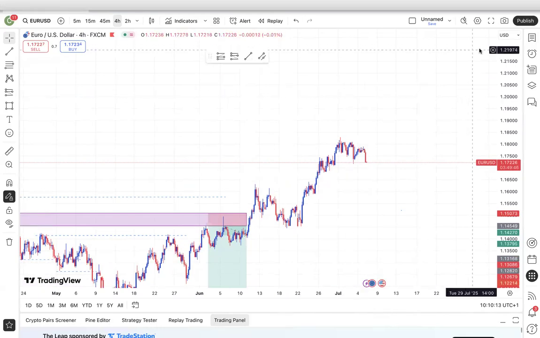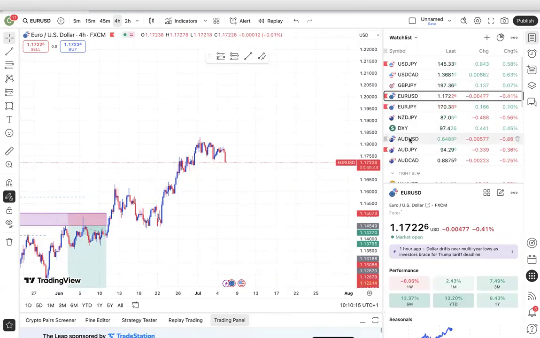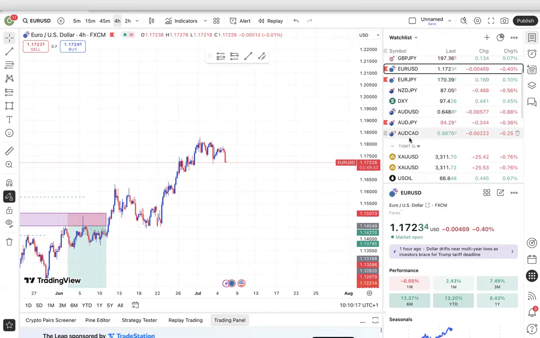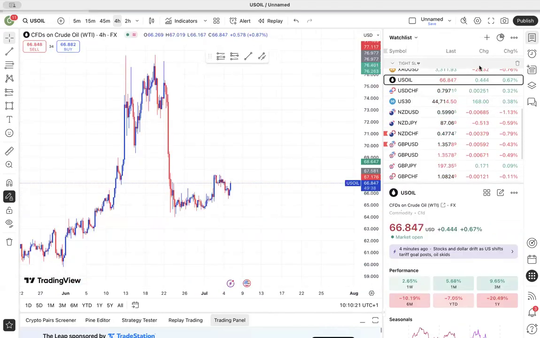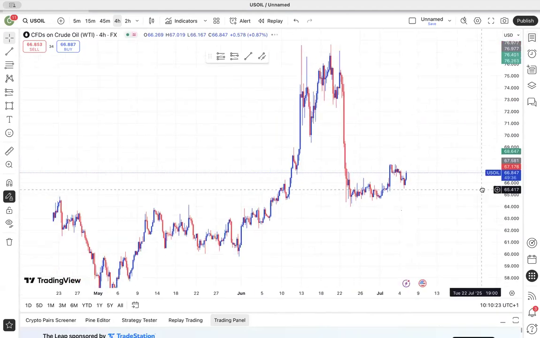Let's quickly look at US oil before I go to Deriv. So if I go to synthetics rather, US oil. Okay, let's go to US oil. So for US oil, what do we have?